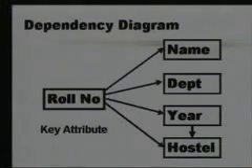To visualize it, let us look into the dependency diagram. The dependency diagram shows a functional dependence from year to hostel. If that is so, we are in trouble. Why? As you have seen in the table, wherever we have year one, Ganga is being repeated.